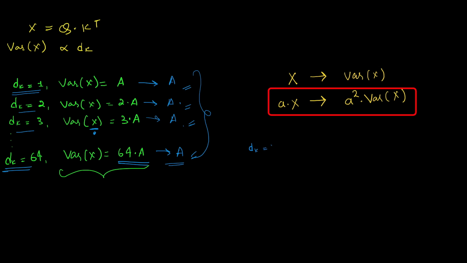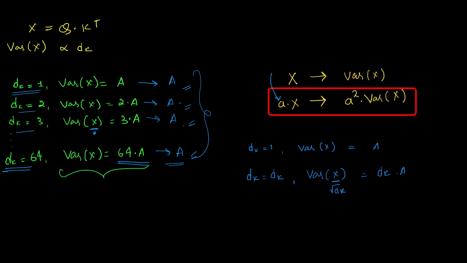If for dk equal to 1, my var of x is equal to a, and for some dk, my var of x is equal to dk times a, then I can divide this x by root of dk.